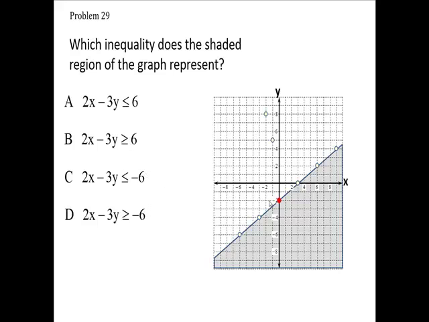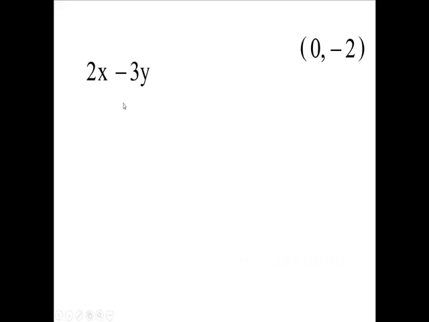So if I pick a point on the graph, say the y-intercept, that's the point 0, negative 2, and I use my 2x minus 3y, which is in all four inequalities, and see if I get a 6 or a minus 6. Let me show you.